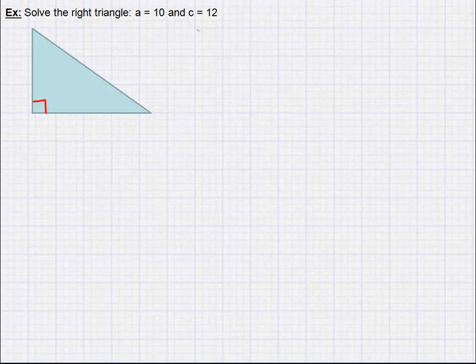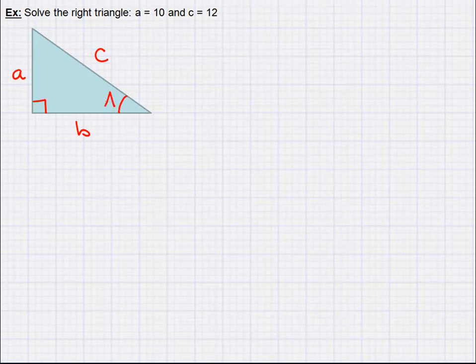So what I'm going to do is this. I'm going to label two of the sides A and B. The hypotenuse is always going to be C. Whatever side I call A doesn't matter. I'll say this side is A, this side is B, this side is C. And then the angles inside the triangle typically are labeled with the opposite side's letter but as a capital.